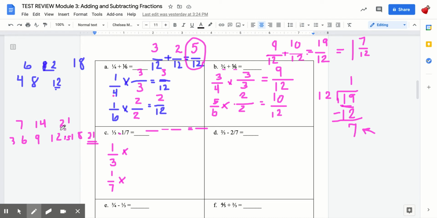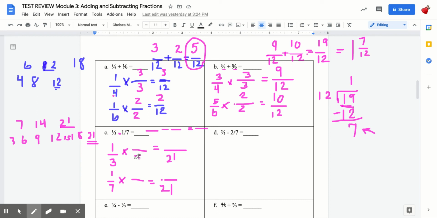Those are our best units. So we need to multiply to put it into 21sts. Well, what do I multiply 3 by to get to 21sts?